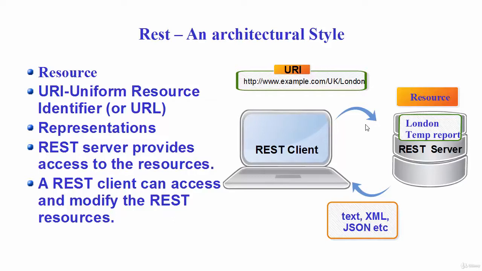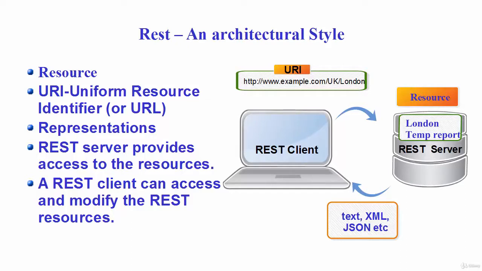So let me give you a more concrete example. Let's say we want to create a weather app. Now the weather app is dependent on weather data. Let's say this weather data is saved every day or every hour in some database which can be accessed from a REST server, for example.